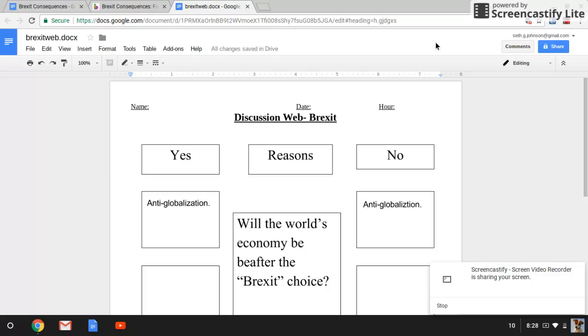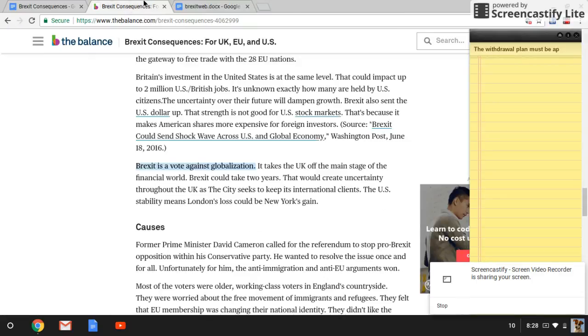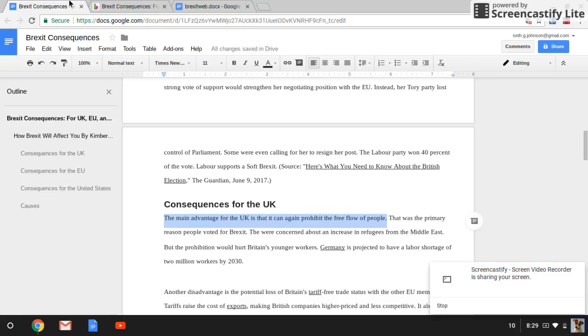Once they're done with that, if you wish to keep it on Google Docs, all they have to do is over here click share and share this assignment with the teacher for grading. If you wish to print them off, or they can share with other students, but it's very, very easy to allow students to share what they've done and their opinions on the matter and the reasons why they have them.